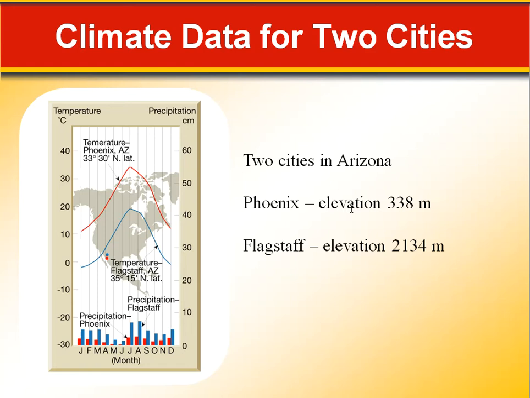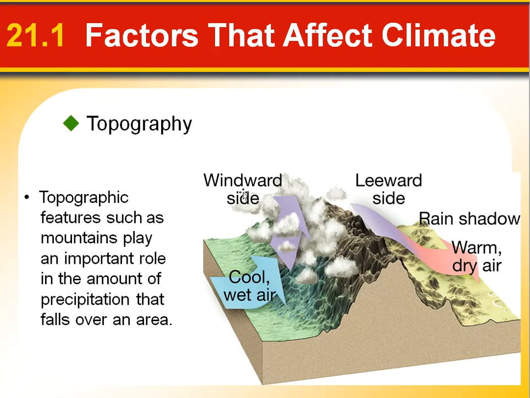Phoenix elevation is 338 meters. Flagstaff is much colder, and it's at 2,134 meters. And even though those 2 cities are located quite near one another here, their elevations are different. And so we can see just an example of how elevation works.